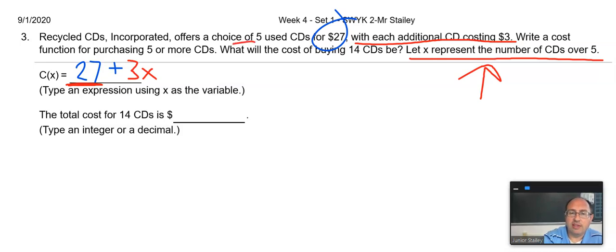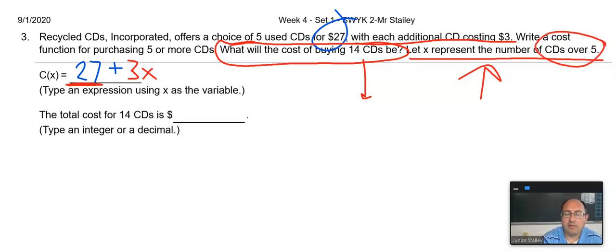So when you get to this part of the question, what will the cost of buying 14 CDs actually be? A lot of people just put 14 in the equation. Well, they immediately end up losing on that question because they're not paying attention to what X is. X is the number of CDs over 5.